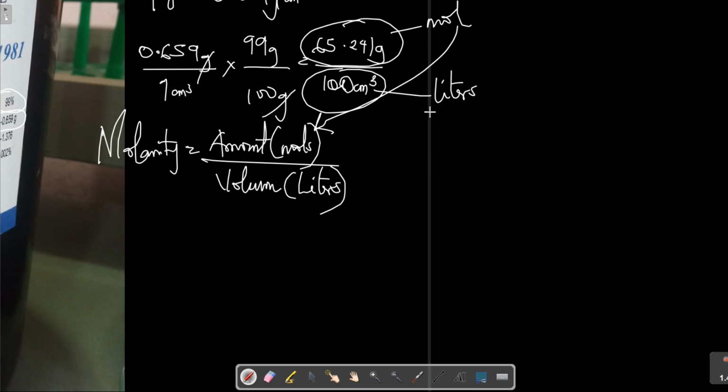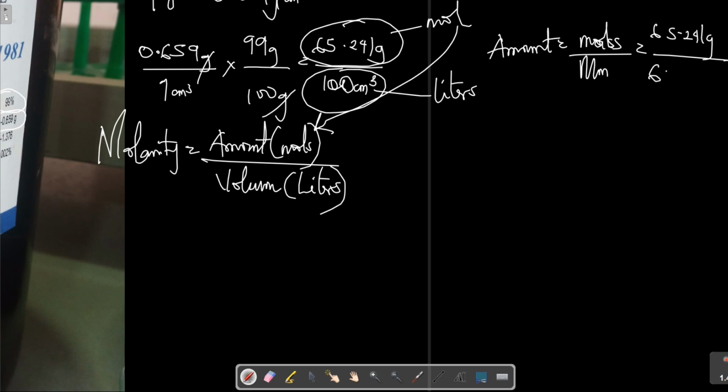All right, so let's start with the amount first. Amount is given as mass over molar mass, where our mass here is 65.241 grams and the molar mass of hexane is 86.18 grams per mole. Once you divide this, you have 0.757 mole.